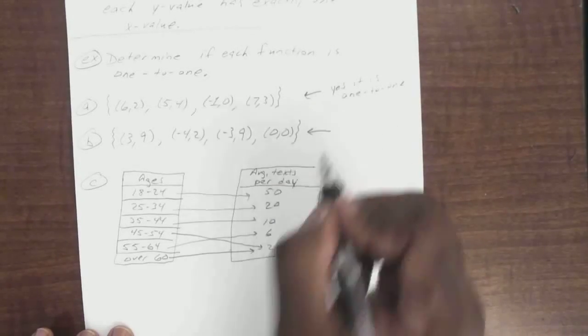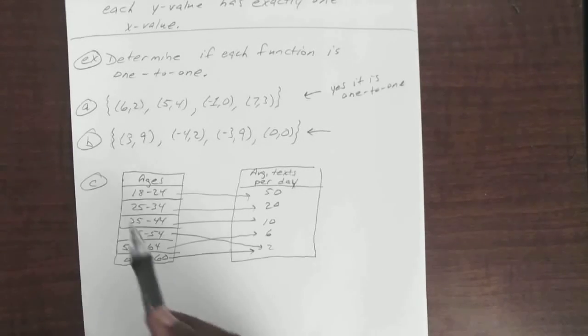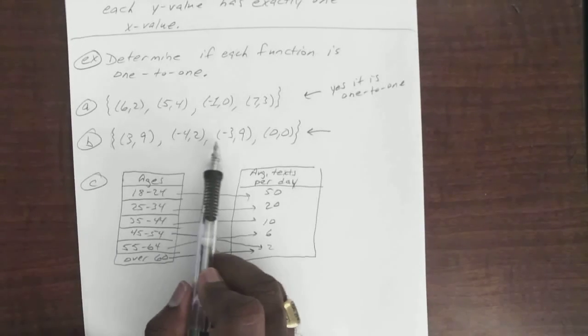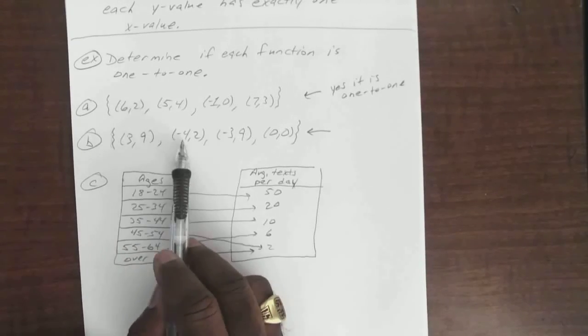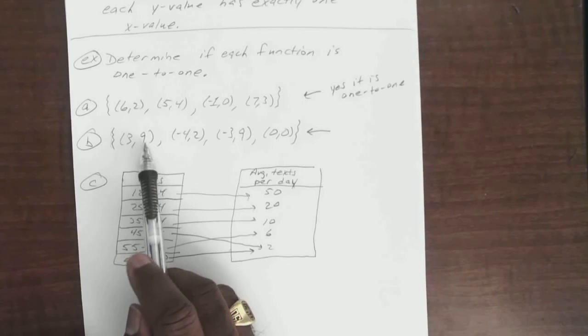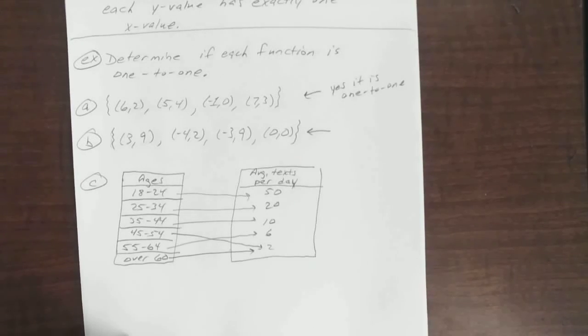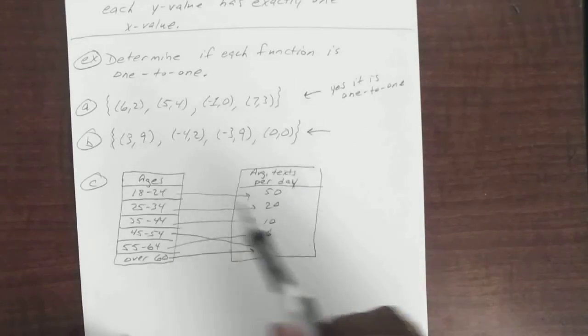What about B? Is it a function? It is a function, that's true, but it's just not 1-to-1, because every x has one y. So 3, you don't see 3 equaling anything else. The only difference is here, y equals 9 has 2 different x values, 3 and -3.